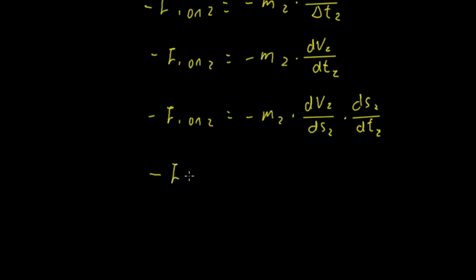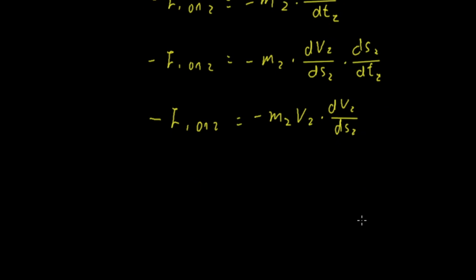So we can rewrite this as negative m2 times v2 times dv2 over ds2. Multiply both sides by ds2, we have this times ds2 is equal to negative m2 v2 times dv2.